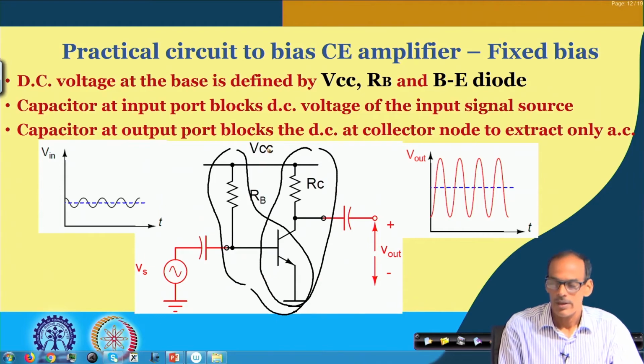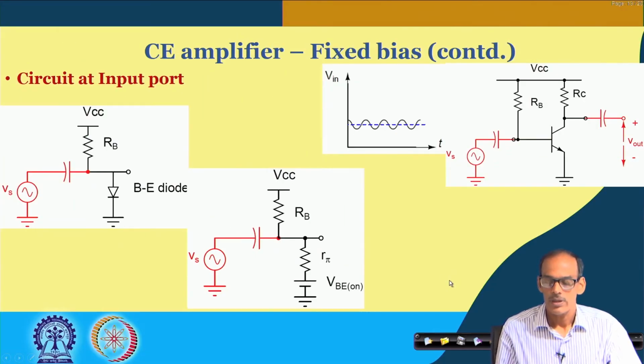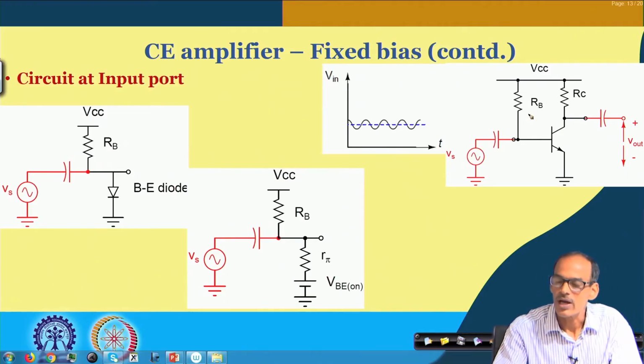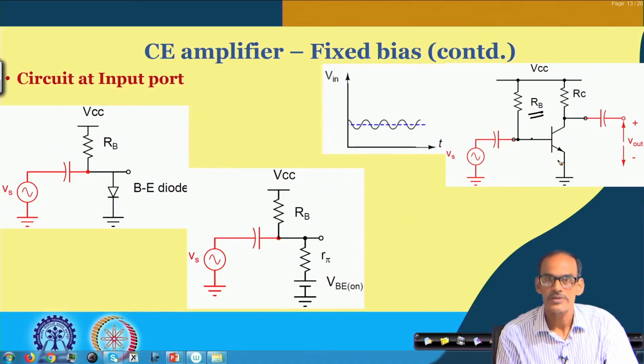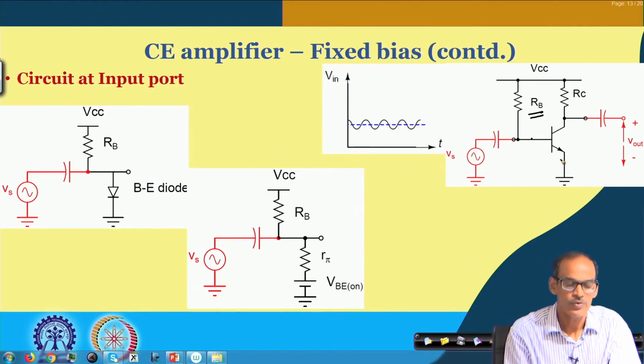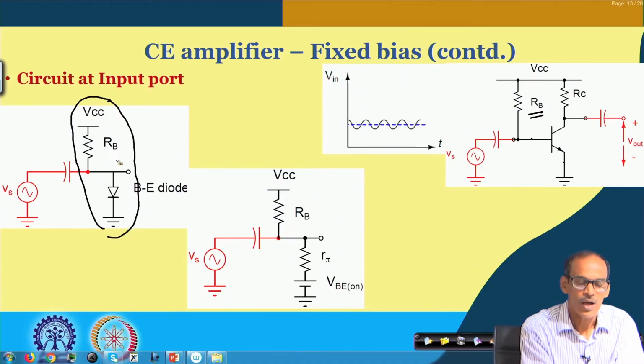If I consider the input port, here you can see we have this RB, which is connected to the base terminal of the transistor, and between the base and emitter terminals we have a forward biased diode. So, equivalently I can say that we have RB in series with a diode.